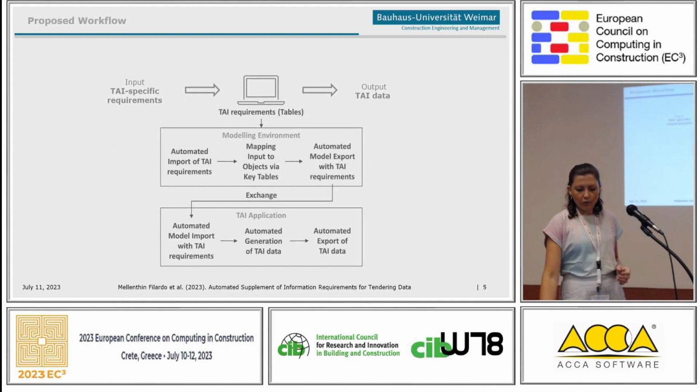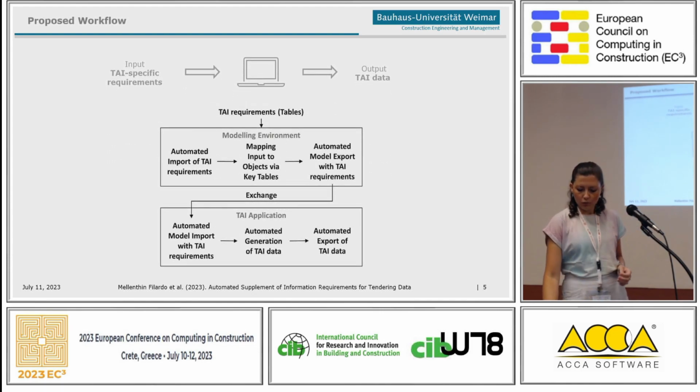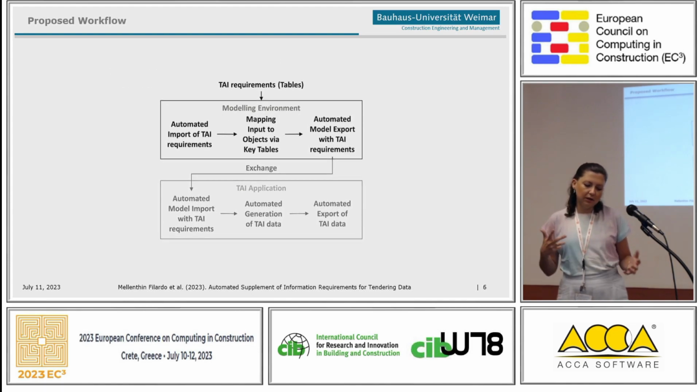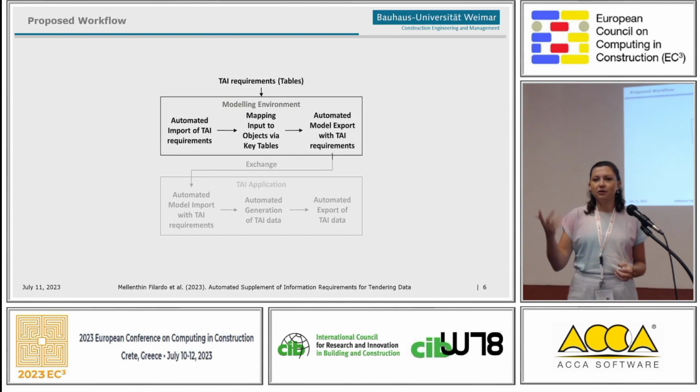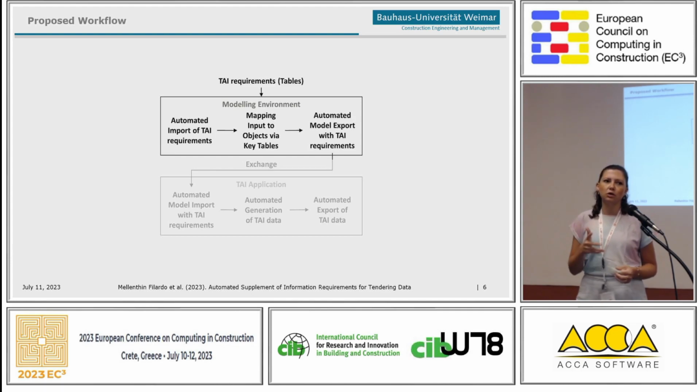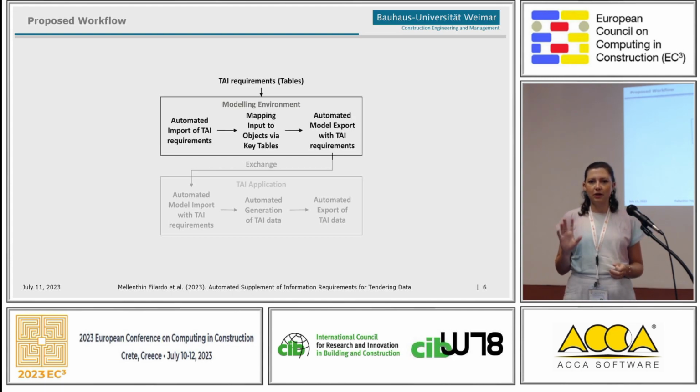For that, we are suggesting a workflow which has mainly two steps. Step one: we take those requirements. In this case, we're still working with tables, but let's get to the outlook at some point. We would have an automated import.